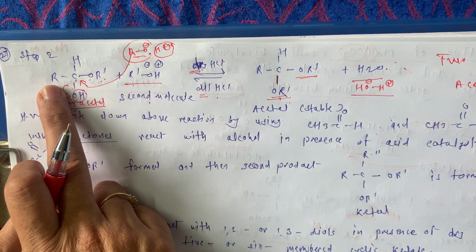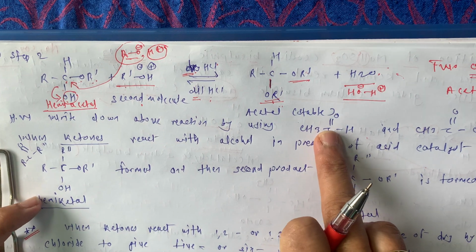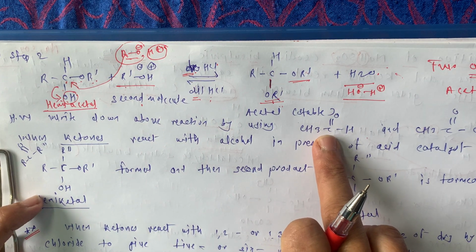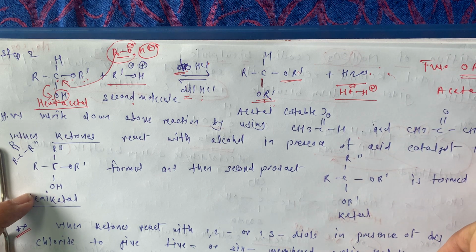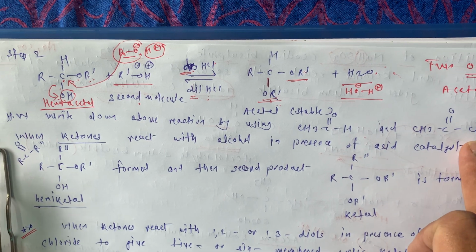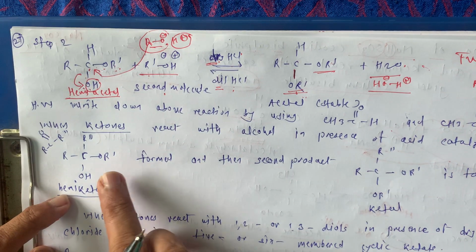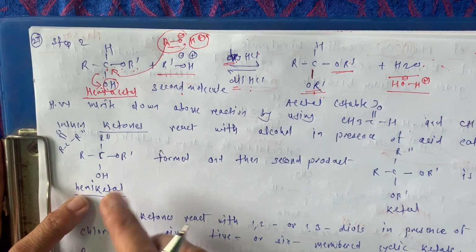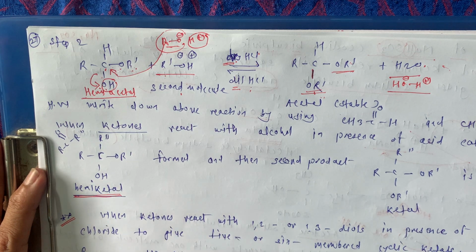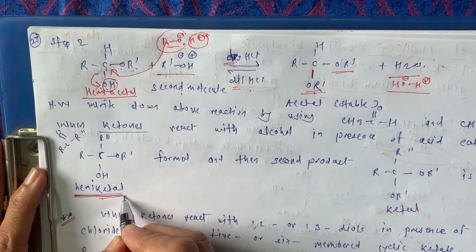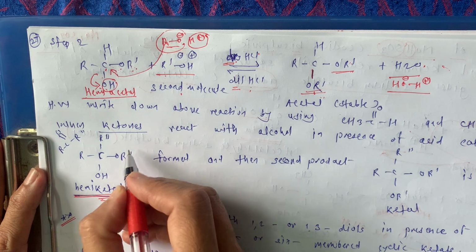Now you can take a specific R. For that you have to start with, suppose, acetaldehyde or a ketone. Now what about the ketone? The first product which we form is the hemiketal. That is hemiacetal for aldehyde. For the ketone, it is hemiketal. Why is this?